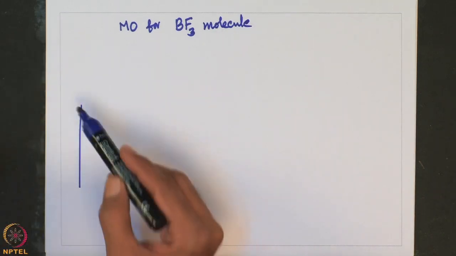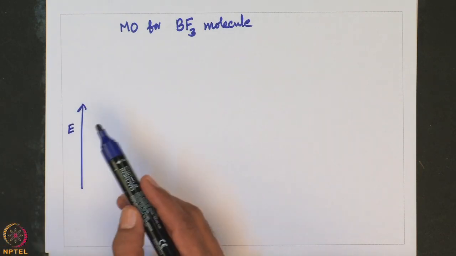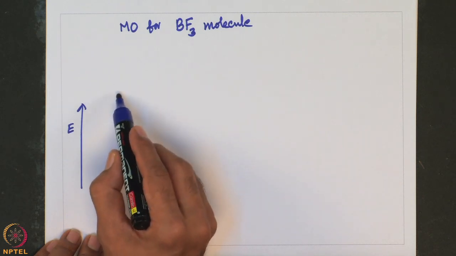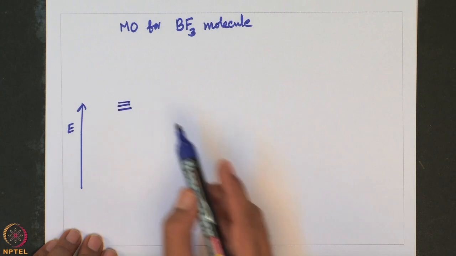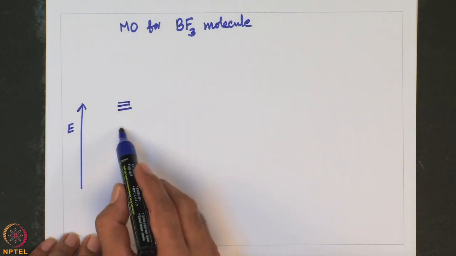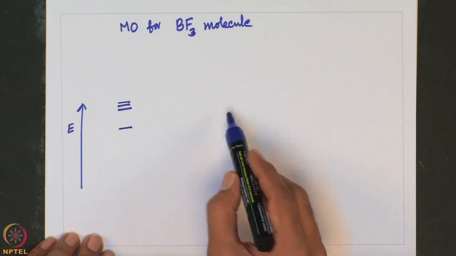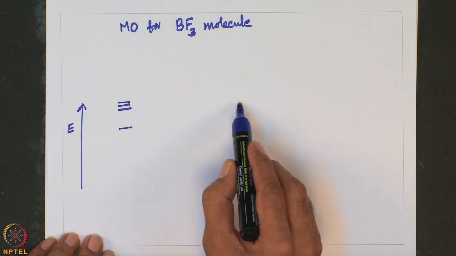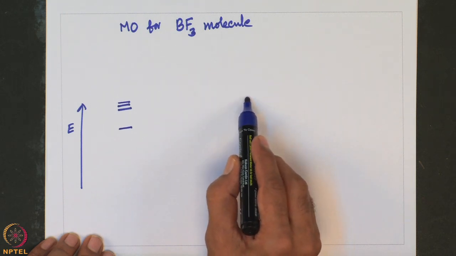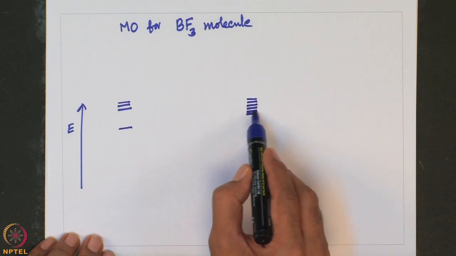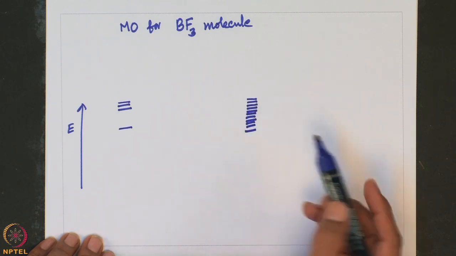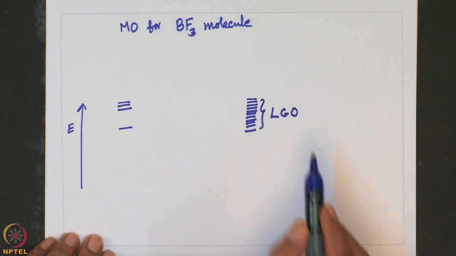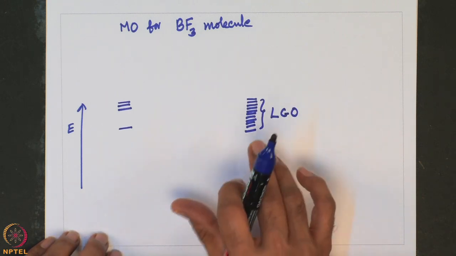So, one should remember this all the time. Here we have 2p and then 2s, and then here we have the ligand group orbitals, a total of 12. These are all called ligand group orbitals. I had already mentioned how we are taking 12 here.